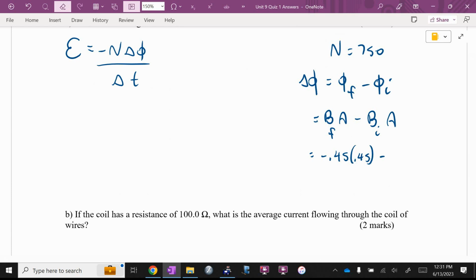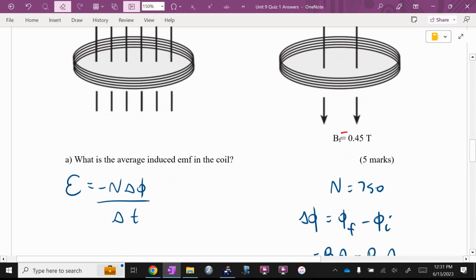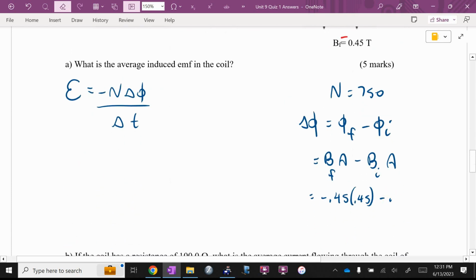Negative 0.45 minus initial field is 0.75 times 0.45. By the way, is there an A in the first term, Eric? Is there an A in the second term, Eric? Is there an A in everything? Some textbooks will write it as A delta B as your change in flux, but you could also be changing the area.